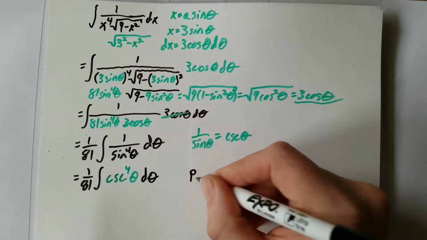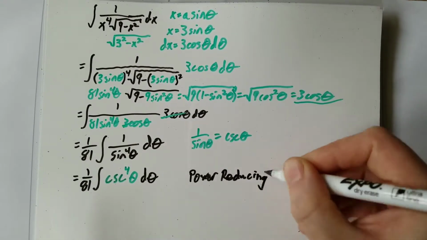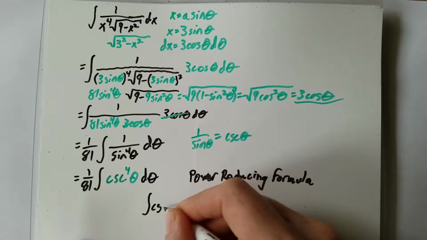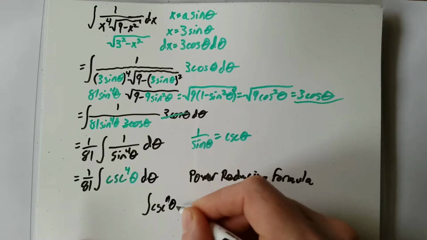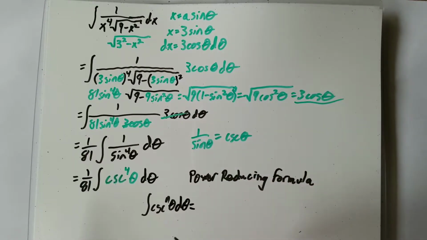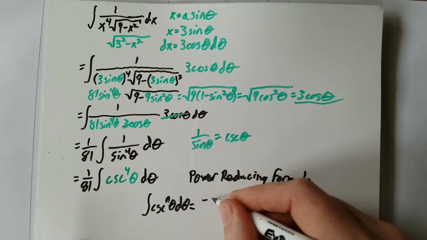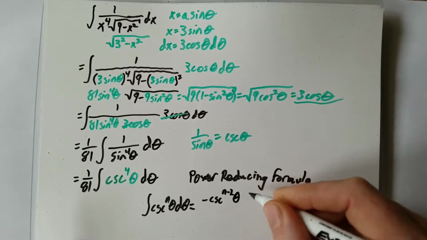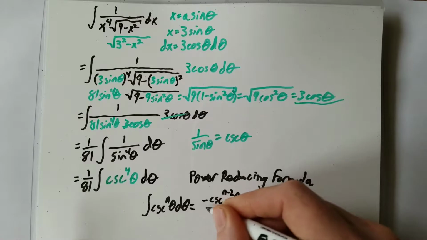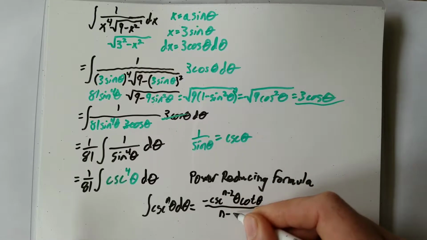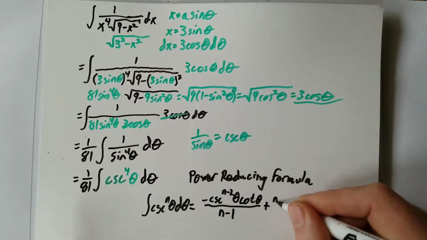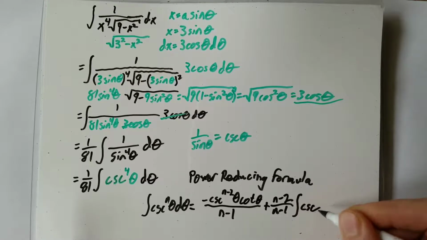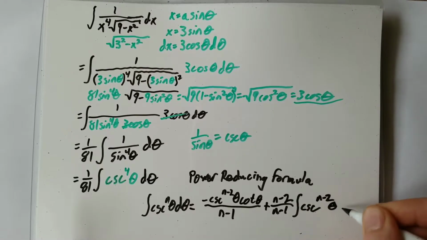So for the integral of cosecant to the nth power theta d theta, that is now going to equal negative cosecant n minus 2 theta times cotangent theta, all of that over n minus 1, plus n minus 2 over n minus 1 times the integral of cosecant n minus 2 theta d theta.